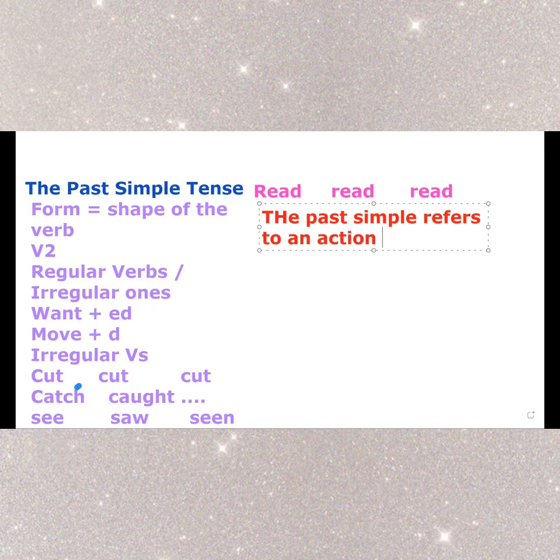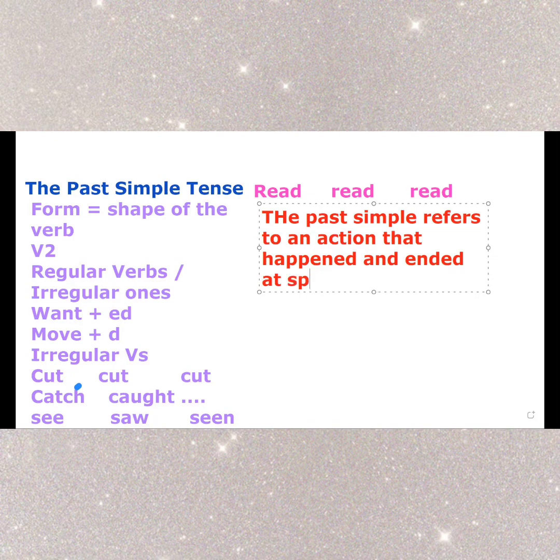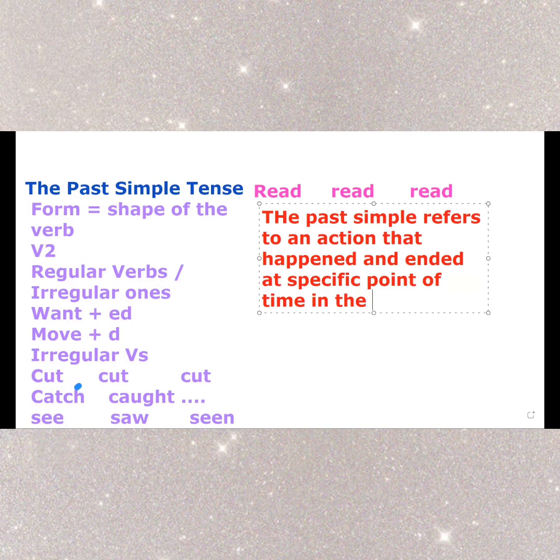An action that happened and also ended, at a specific point of time in the past. Okay, and it doesn't have any relation with the present. It doesn't have any relation or any effect or any importance with the present.